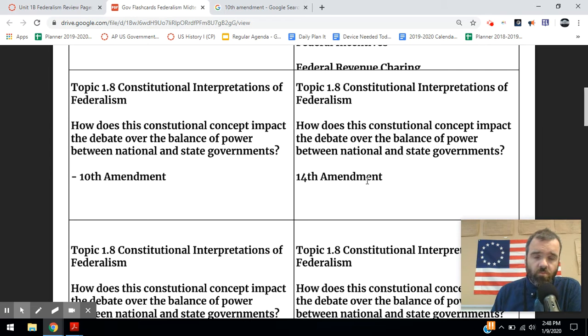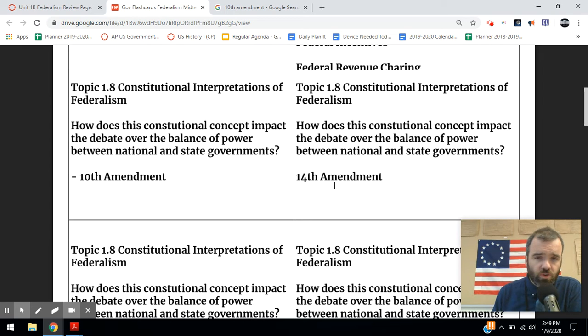So the 14th Amendment is often used to expand federal power and federal protections, even if states don't agree. A good example, which we'll talk about later, is the Roe v. Wade case, which uses the 14th Amendment to expand federal protections, even if states are trying to take away the right to an abortion.